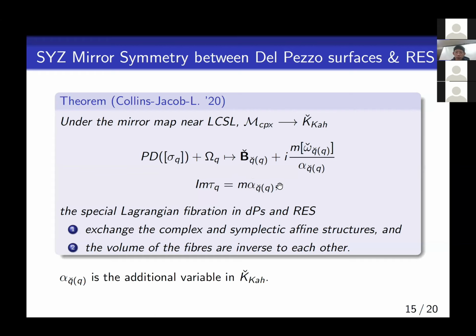And the corresponding thing, this alpha here, measures on the other side how the fibration is collapsing. I don't know how to explain this parameter in algebraic geometry in a better way, but it is mirror to how the curve degenerates into a nodal curve.